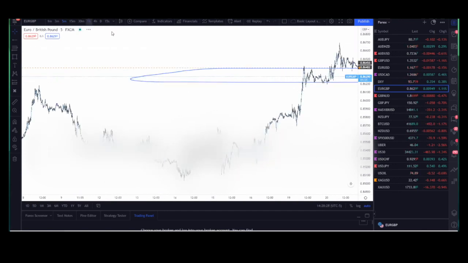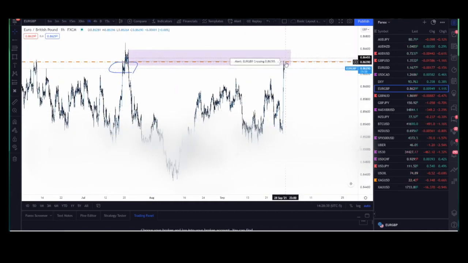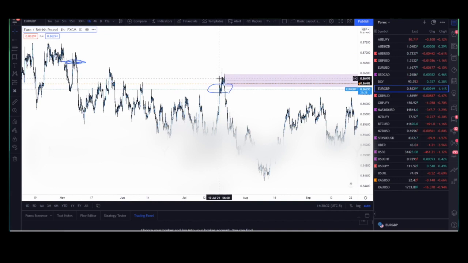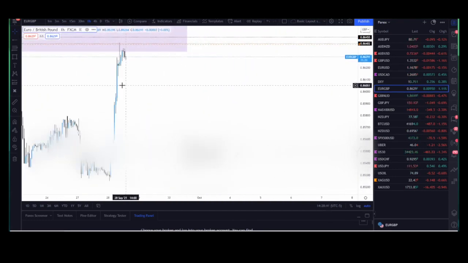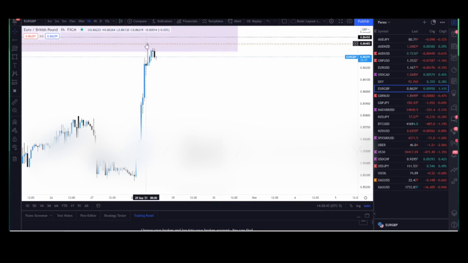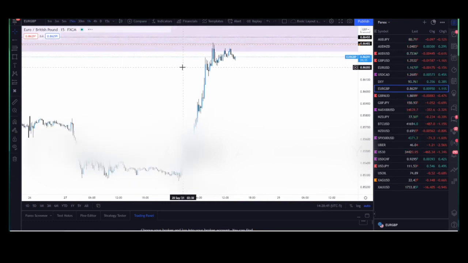And if this doesn't hold, then we would be looking for it to sweep this high and then looking at it in here. So, this is the focus point first. Okay. And so we did touch into it, but we haven't filled it all the way.